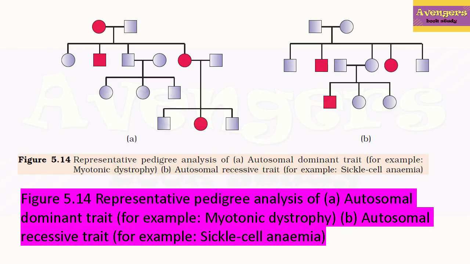Figure 5.14: Representative pedigree analysis of A, autosomal dominant trait, for example, myotonic dystrophy. B, autosomal recessive trait, for example, sickle cell anemia.